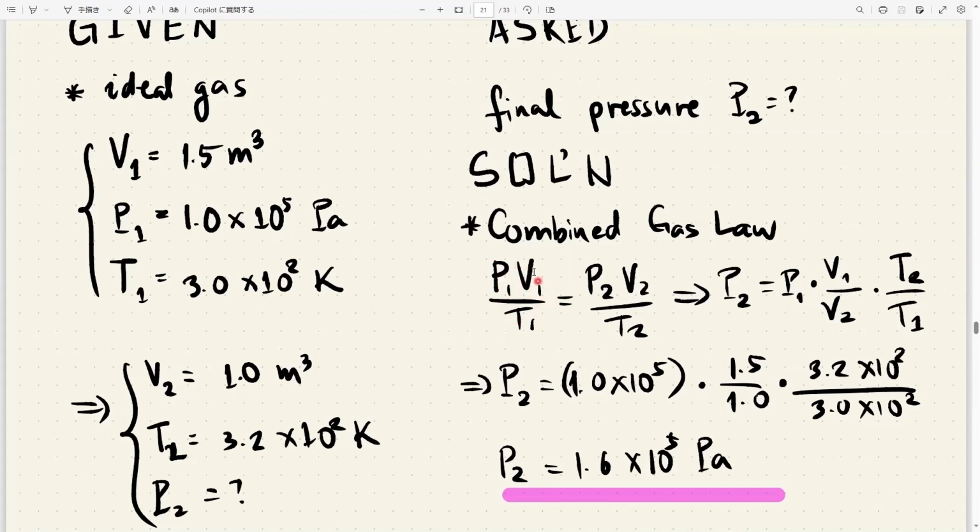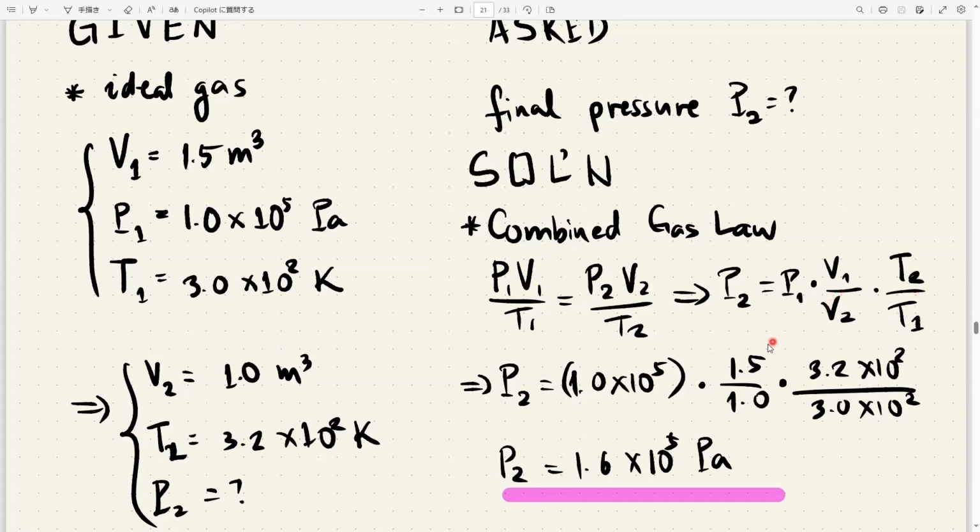So this term here equals the same term, but this time taking the values after the compression and the heating up, okay? And what we're interested in is P2, okay? So we can actually move the T2 and the V2 to the other side. So we are left with P2 equals P1 times V1 over V2 times T2 over T1.